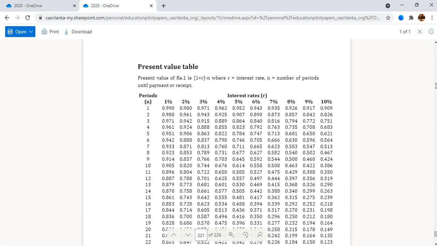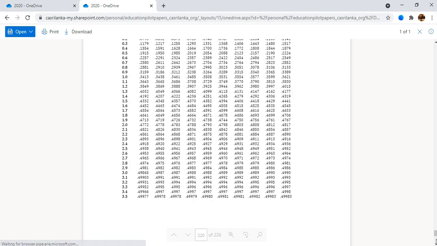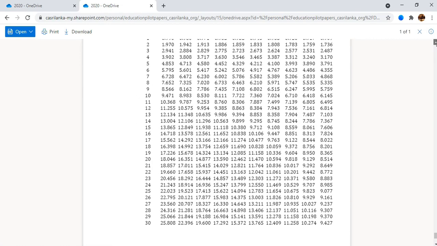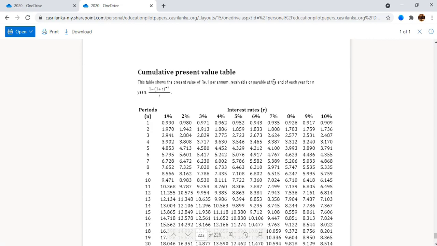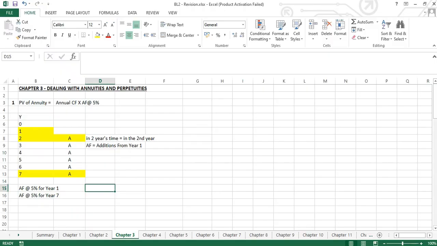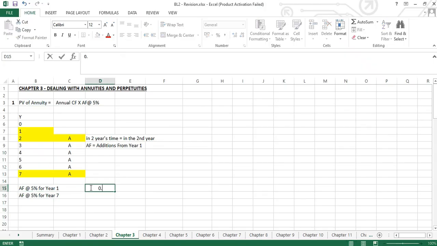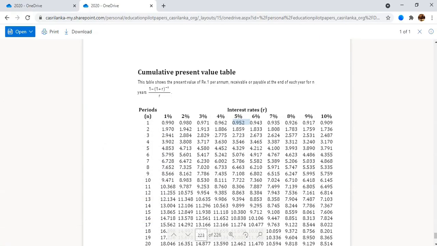So this is the present value table. Let's go to the annuity factor table. Okay, they are given as cumulative present values. Alright, so in the annuity factor table, year 1's annuity factor at 5% is 0.952. Write it down. And year 7's one is 5.786.